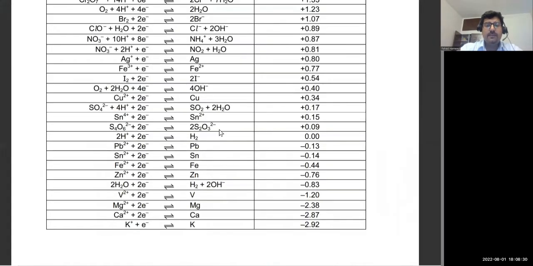So only reduction will be possible, which means that at cathode, the only thing that's possible is the forward reaction.